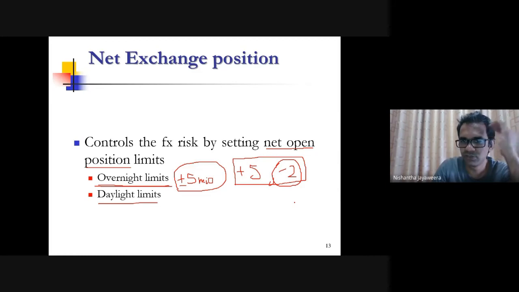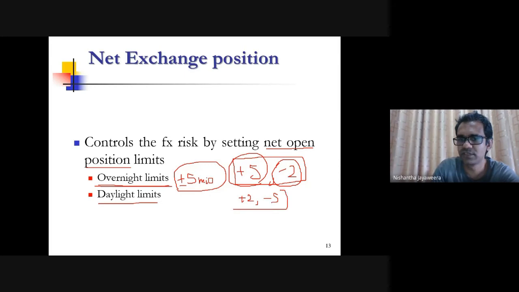Why? You think there are more chances of foreign currency appreciation than depreciation, so therefore you should not have a big short position. But if the expectation is for the foreign currency to depreciate, you can have a little higher amount in long position, or it can be the other way around.